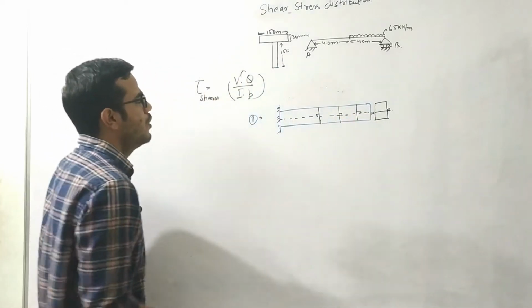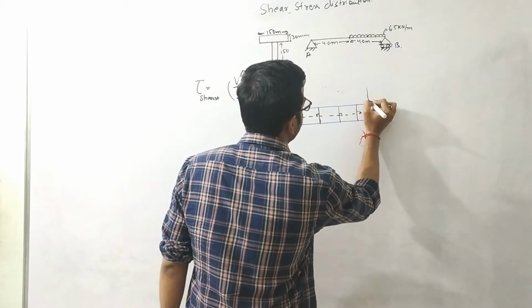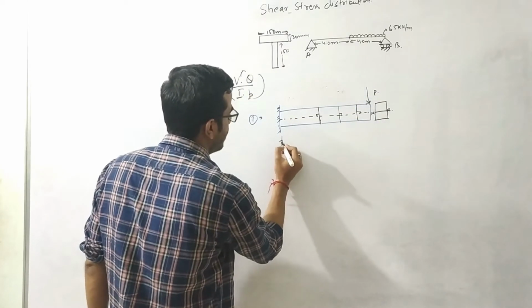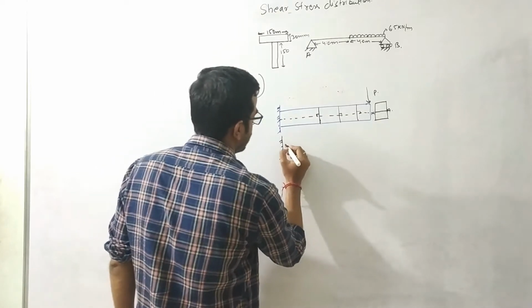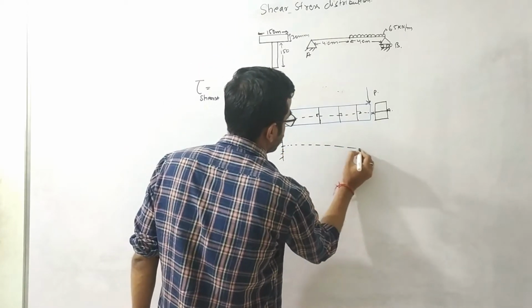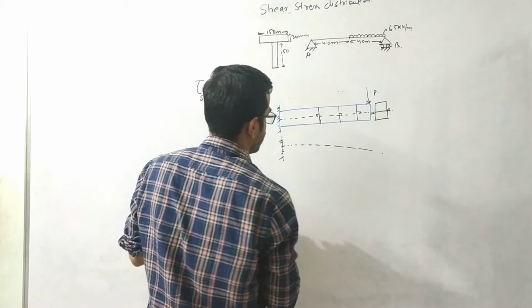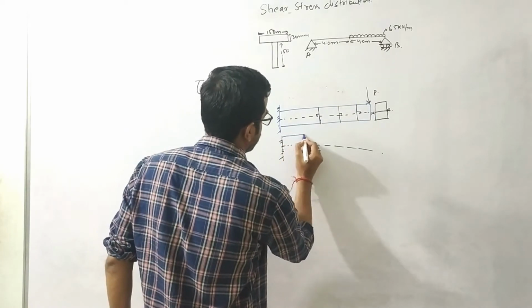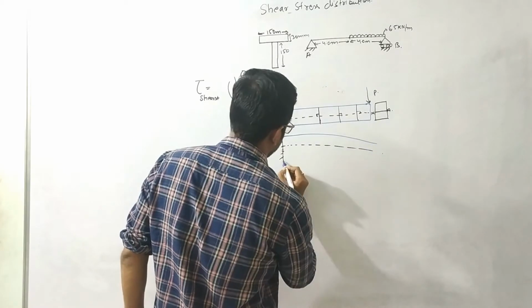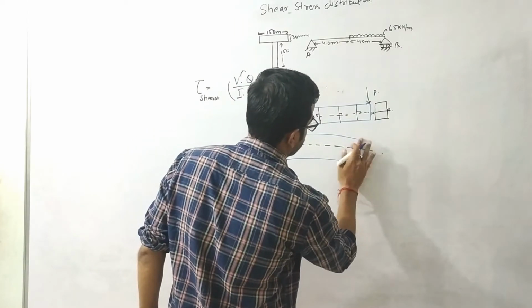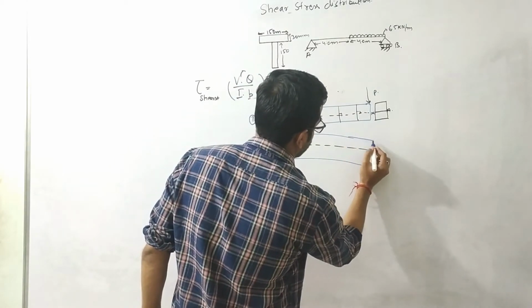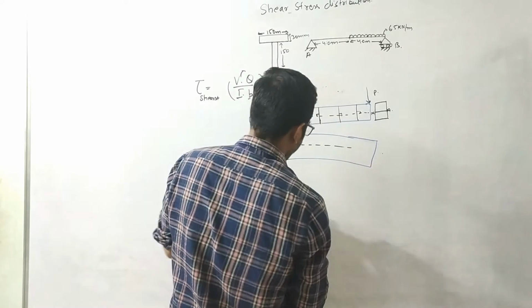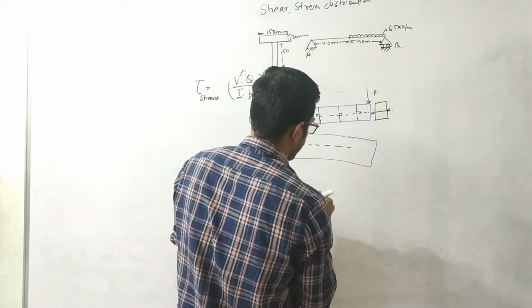So what happens is that when I apply load at this point, the beam will bend like this.